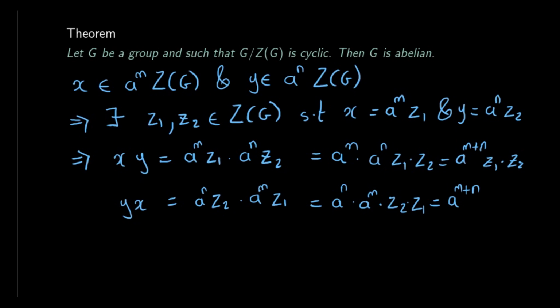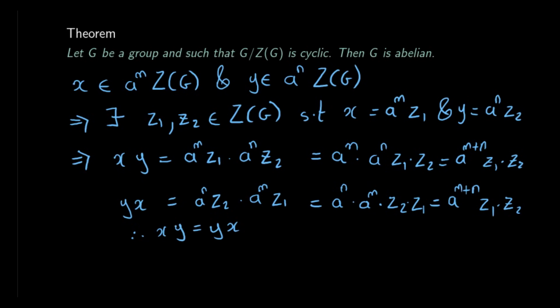As Z1 and Z2 are in Z of G, we know that Z2 times Z1 is the same as Z1 times Z2. Hence, we observe that XY is the same as YX. And hence, we have shown that G is an abelian group.